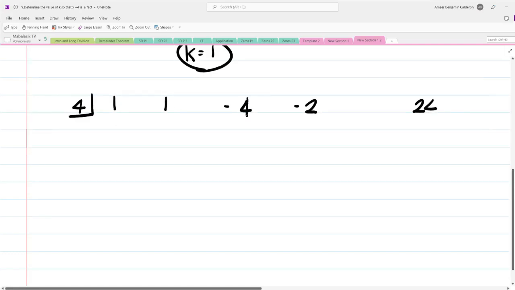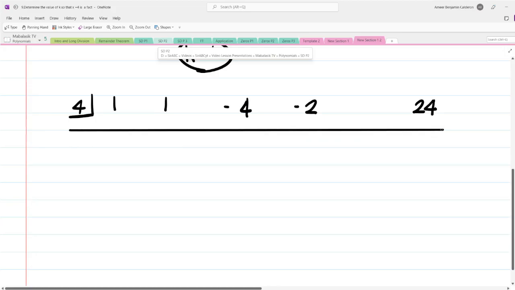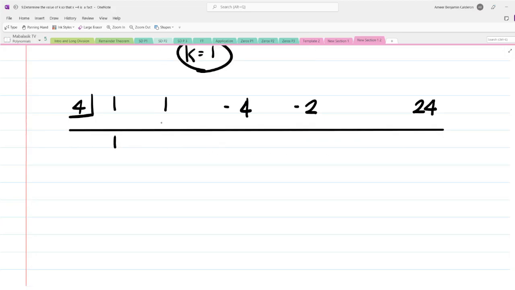This is negative 4. This is 24. Dapat ang maging remainder natin 0. So let us try. So 1 times 4, 4. Change the sign. That's negative 3 times 4. That's negative 12. Change the sign. This is positive 8 times 4. That is 32. Change the sign.